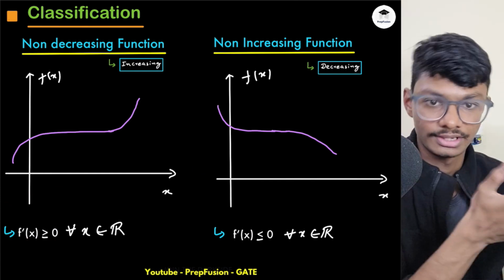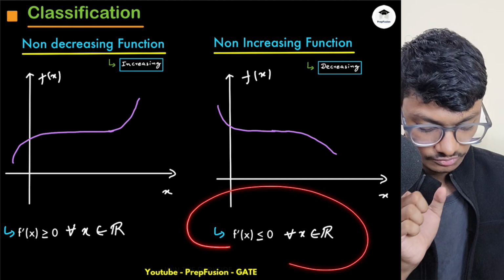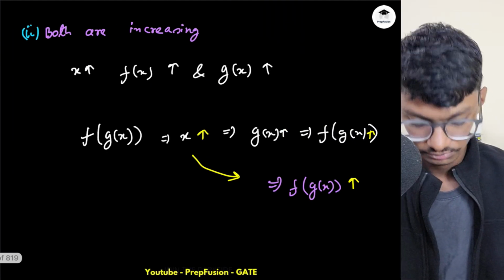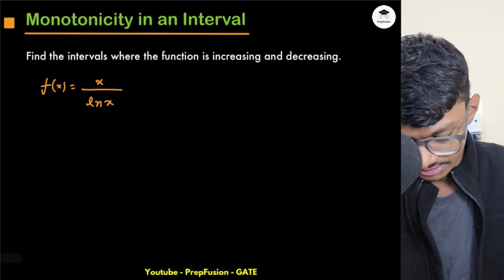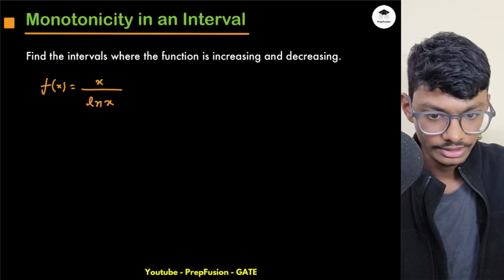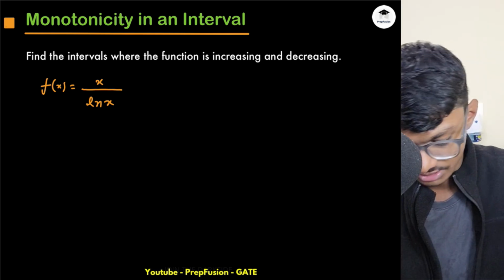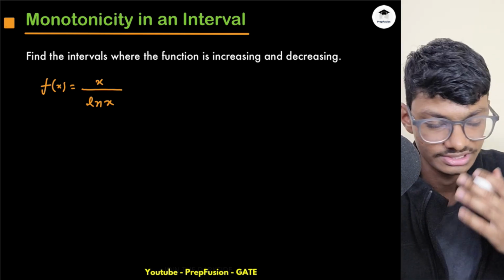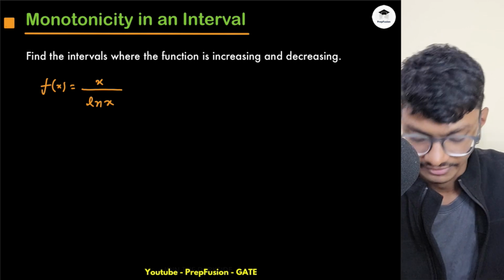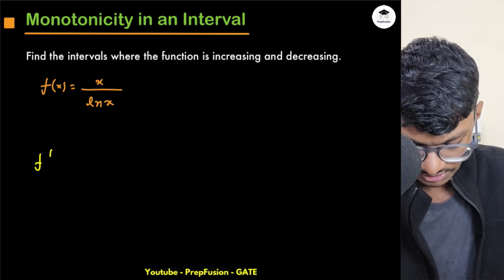The slope can be greater than or equal to 0 where it is increasing, and it will be decreasing where the slope is less than or equal to 0, in that range. So that is exactly what I'll do. For that I obviously have to compute f dash of x. Whenever a monotonicity question comes up, you have to compute the derivative. So what is my f dash of x?